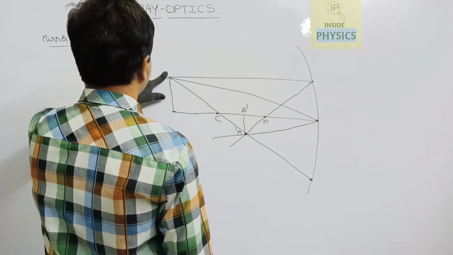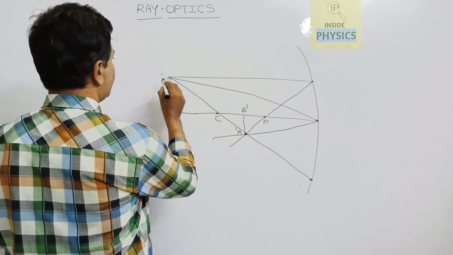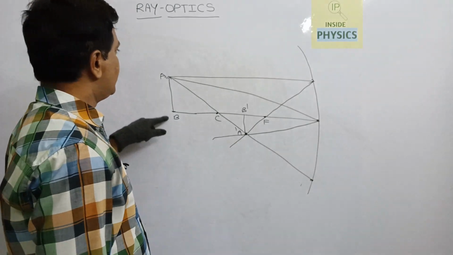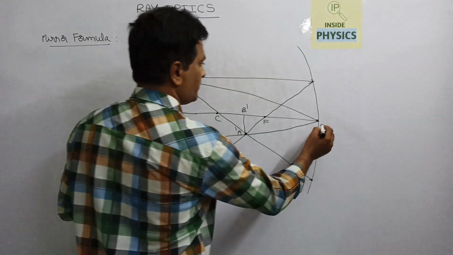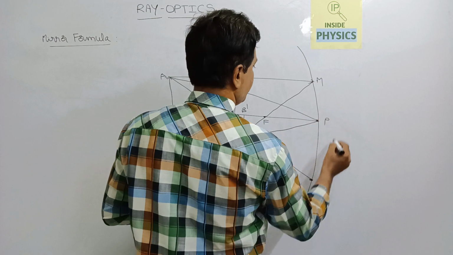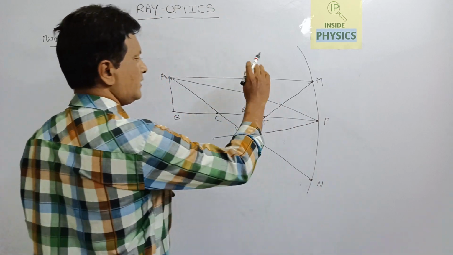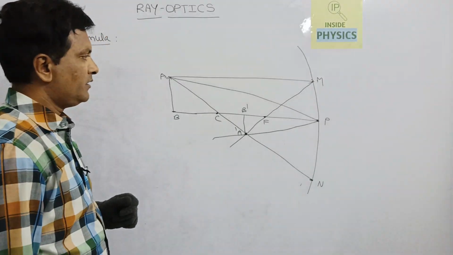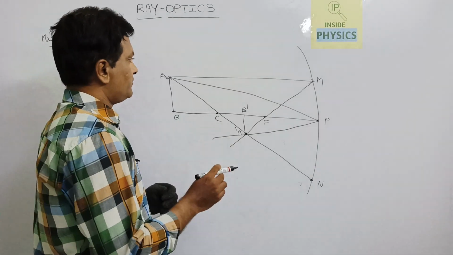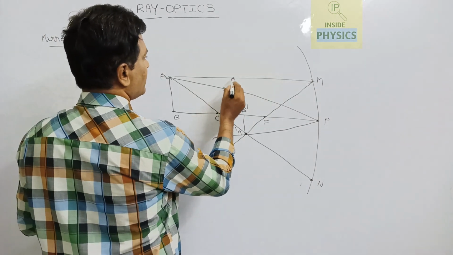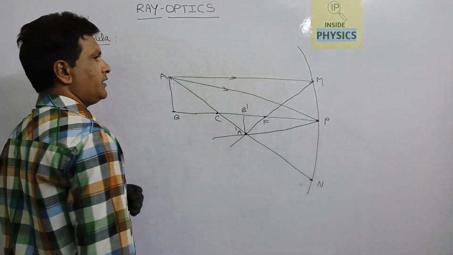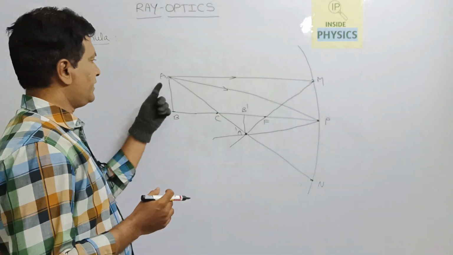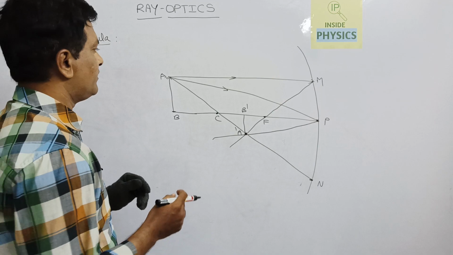So here we consider it as AB, B dash A dash, and this is the pole, and MN is the spherical mirror. Generally we consider four rays when we want to create an image of an object put in front of the spherical mirror.